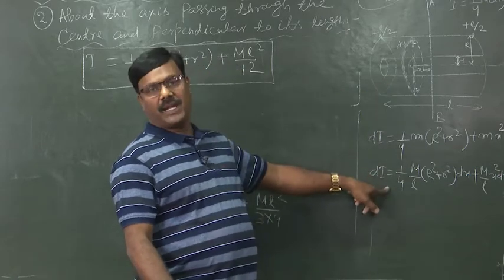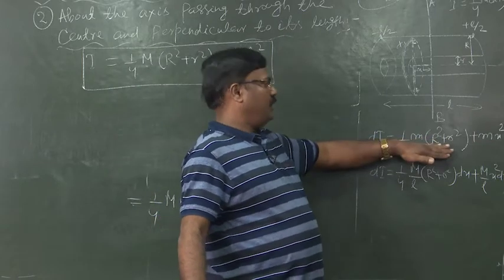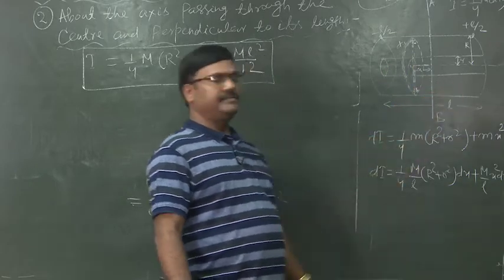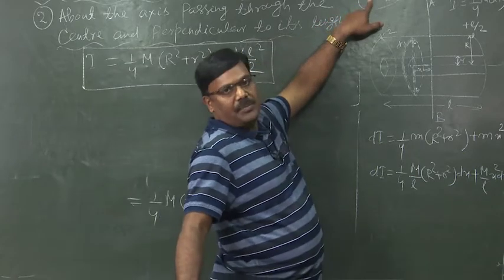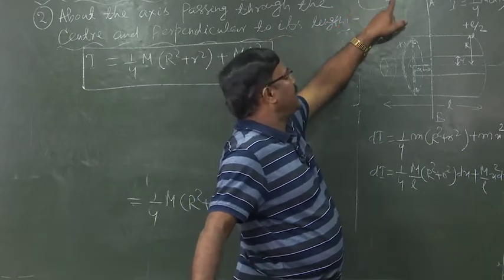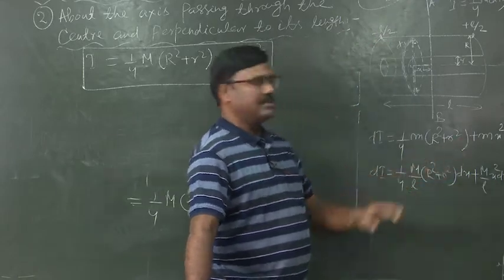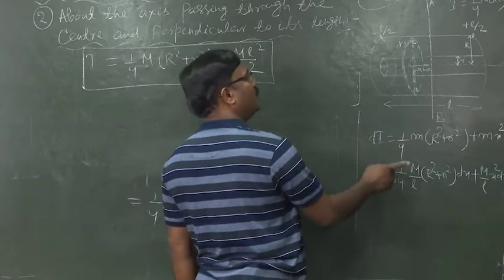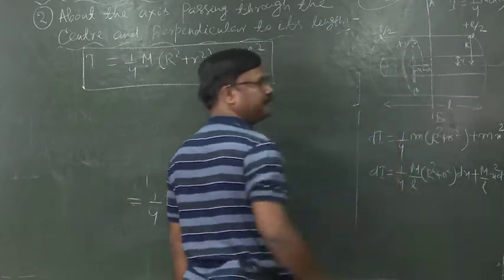By applying the parallel axis theorem, it is written as dI is equal to the moment of inertia about the axis CD plus m x square. But it is calculated that the mass of the element is m by L dx. Now, putting this value here, we got this. Now, dI represents the moment of inertia of the disc about the axis AB.